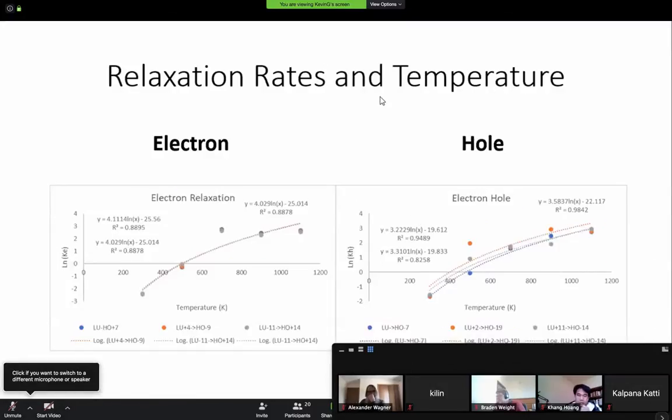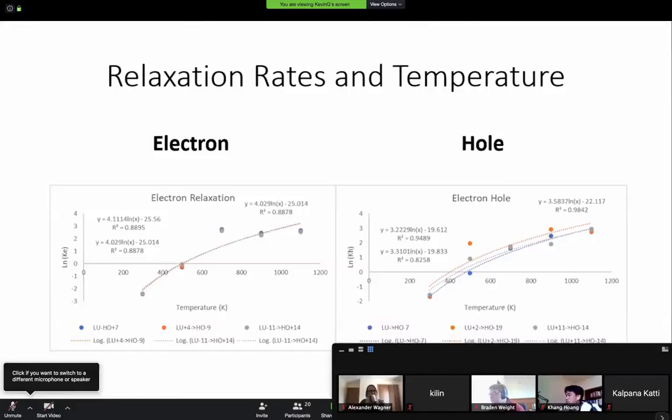All right, and then the last result I have for you guys is how my relaxation rates change with temperature. If you look at my graphs, one thing you'll notice almost immediately is that these graphs overlap each other.